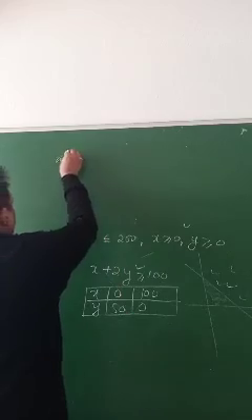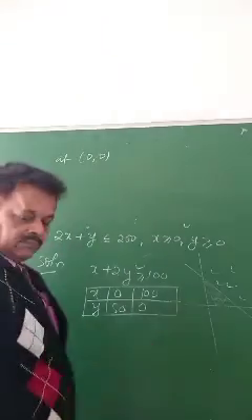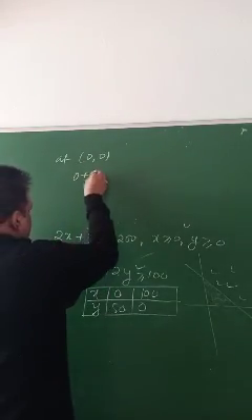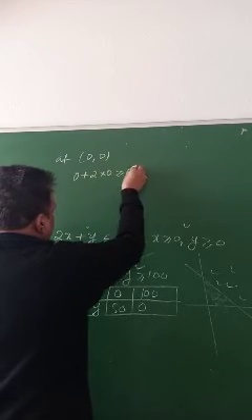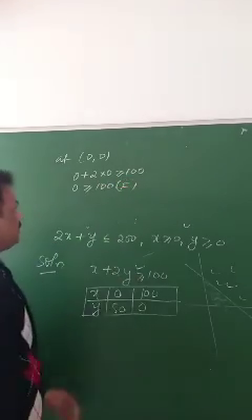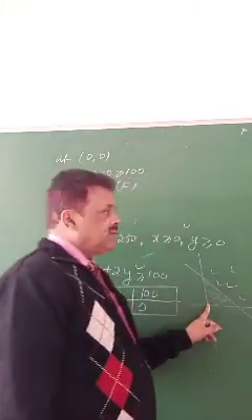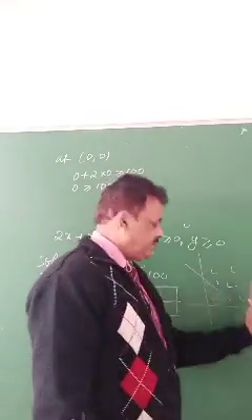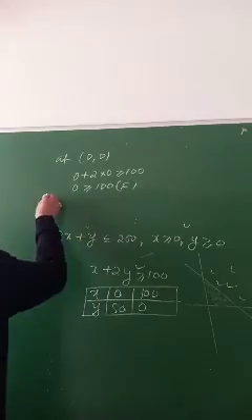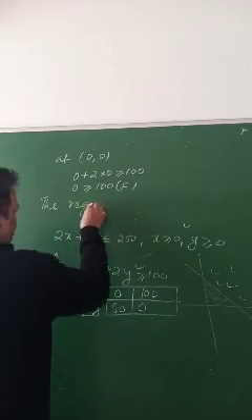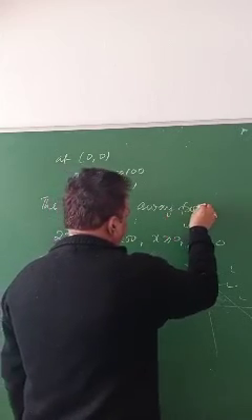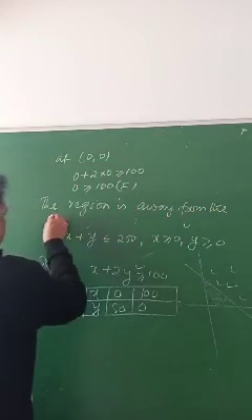Put 0, 0 here: 0 plus 2 into 0 greater than 100. So 0 greater than 100 is false. Means if I consider the origin, this line has two regions, and the region is away from the origin, not towards it.